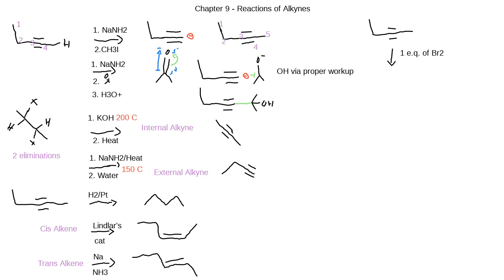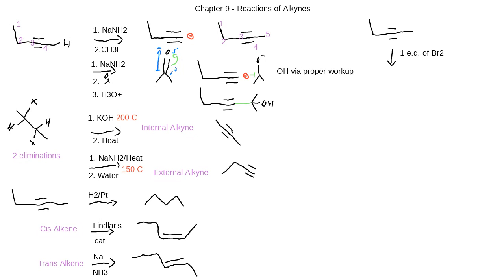Okay? So as you know from last week in chapter 8, Br2 adds 2 bromines by anti-addition, breaking a double bond. Okay, so in this case, it's going to break one of these bonds. So it's going to go from alkyne to alkene, and it'll place bromines on opposite sides.